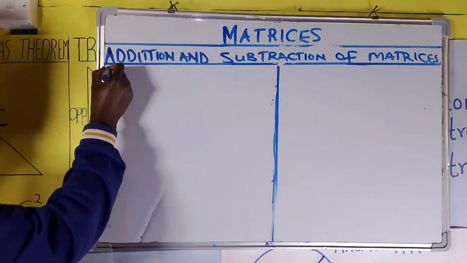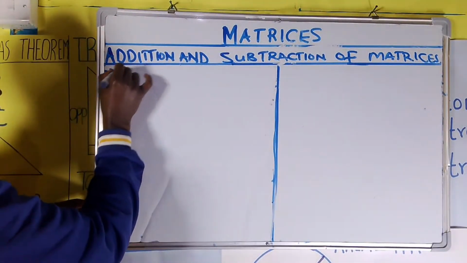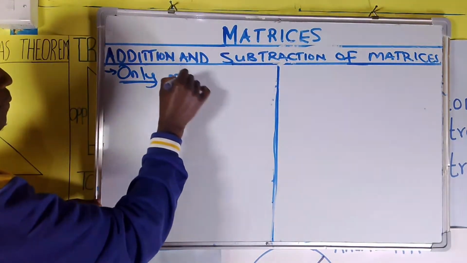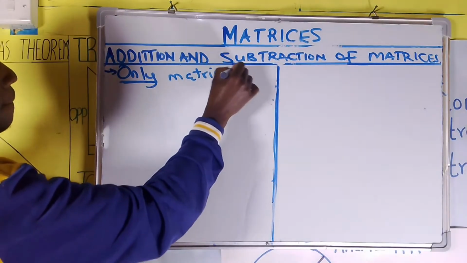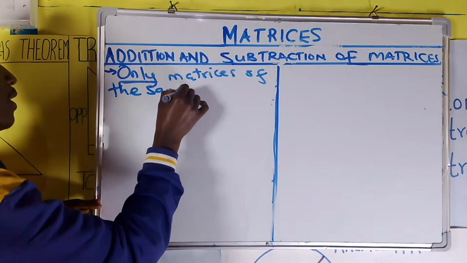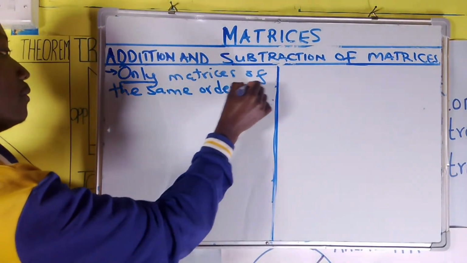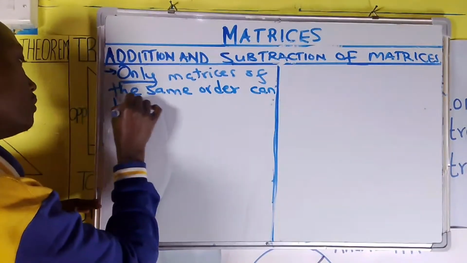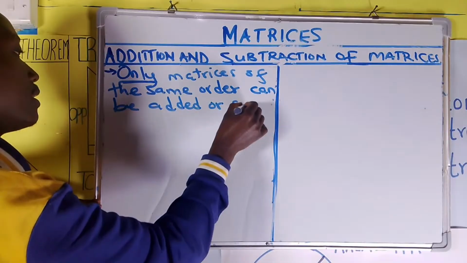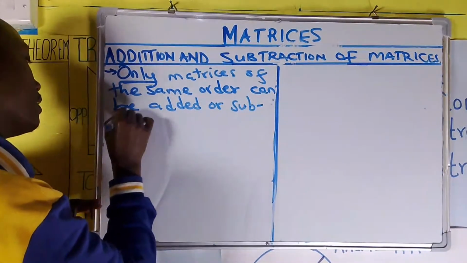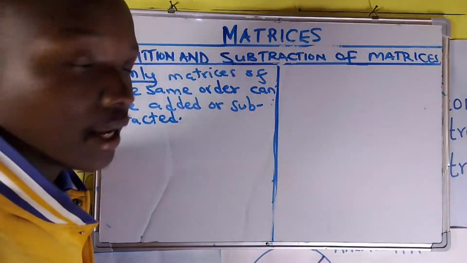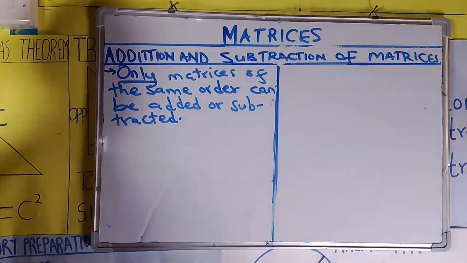What we need to understand is that only matrices of the same order, underline the word only, can be added or subtracted.